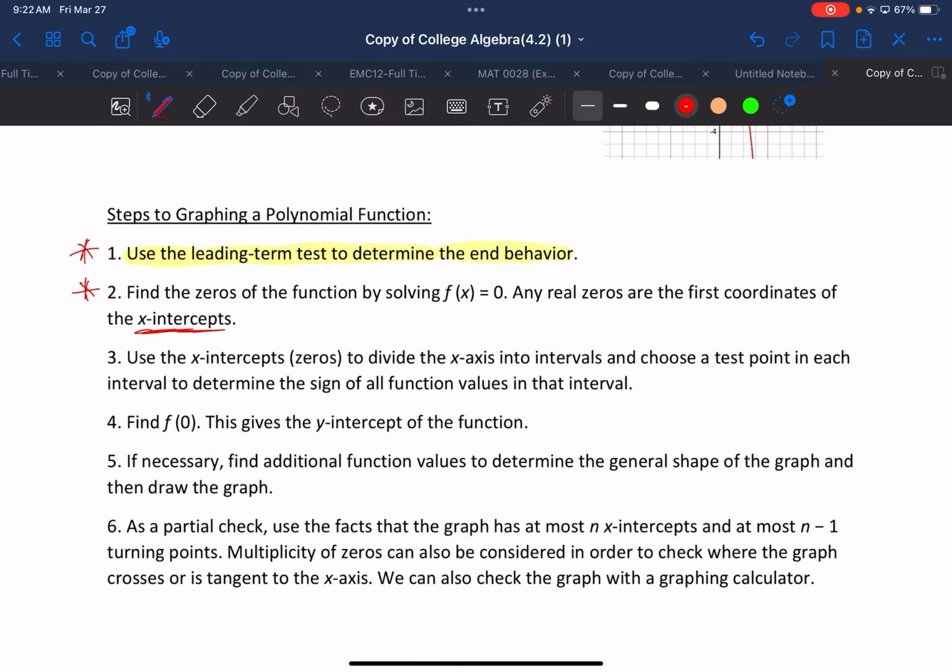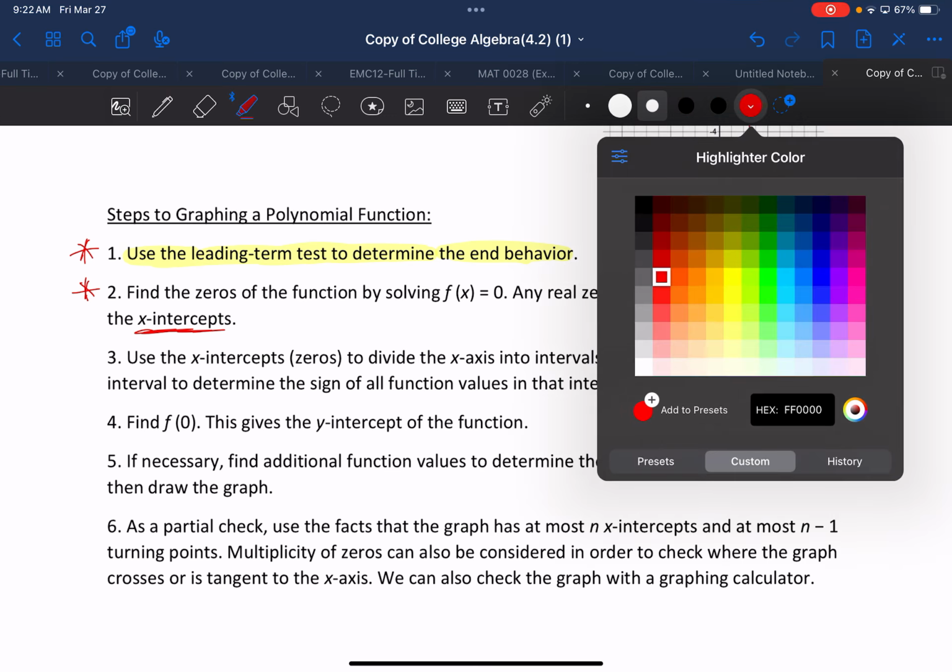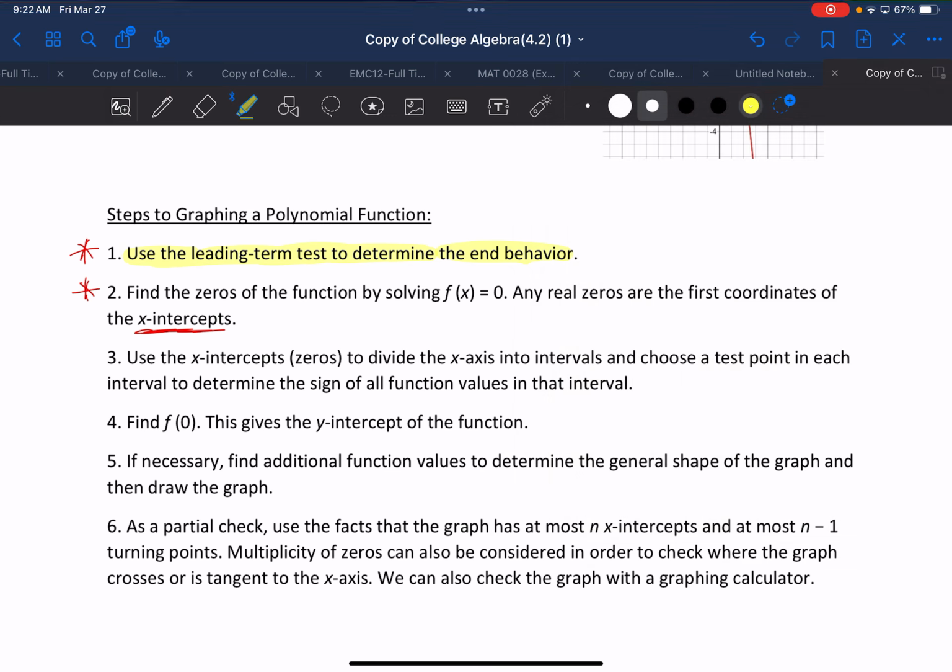The third one is really just important if you're doing it by hand, or if the multiple choice graphs give you a bunch that are really similar, then you might need to go a little further and use number 3. I'm going to explain what this means when we do an example.